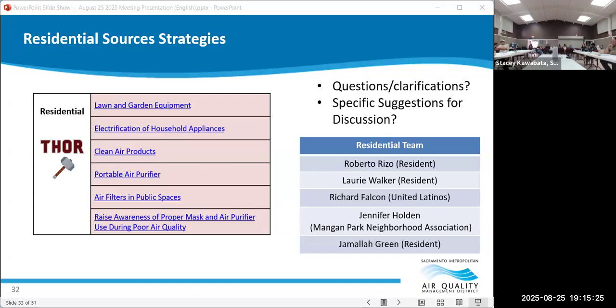Great. People with bad health. I will include immunocompromised. When I was listening, I also wrote at-risk and vulnerable communities, so I will add that as well. Any other questions, clarifications, discussion, recommendations for this strategy?